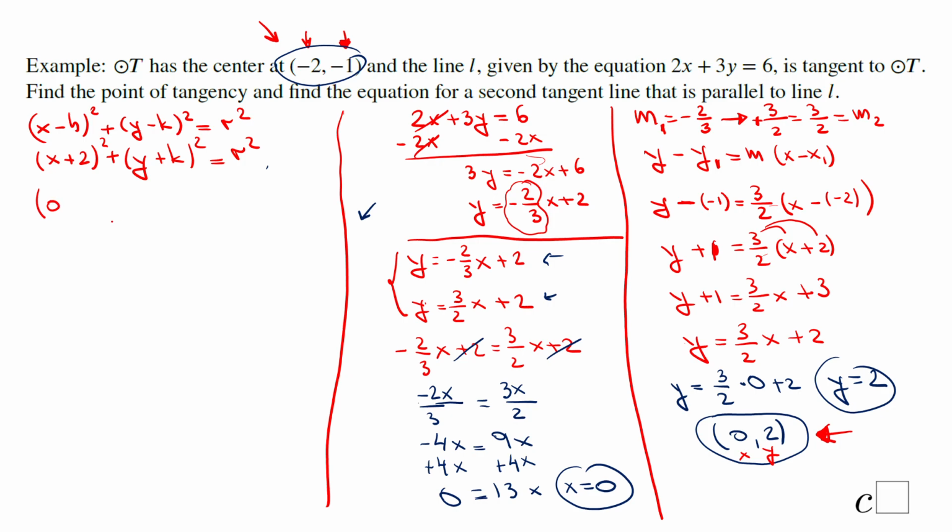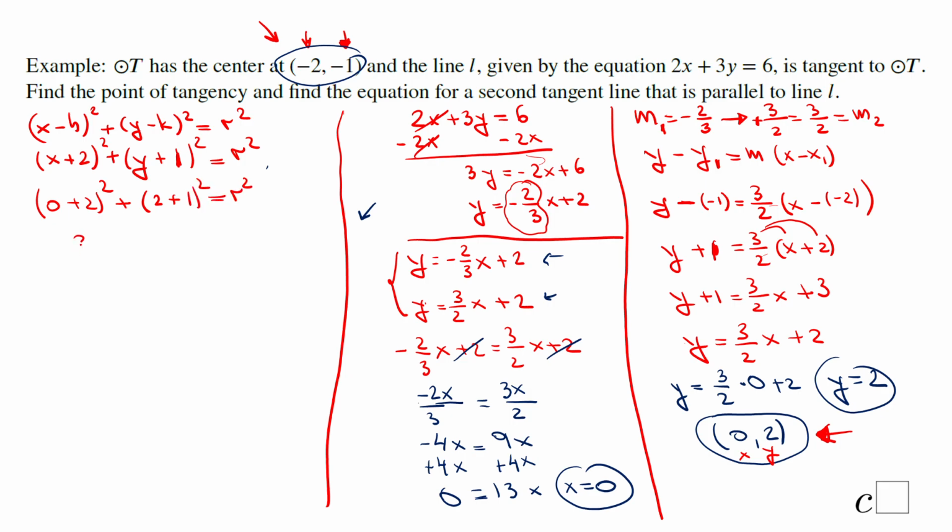0, that is how much x is, plus 2 squared plus, and I'm sorry, here it's supposed to be not plus k, it's supposed to be plus 1, right? Because we replaced k with negative 1. So here we have 2 plus 1, the y coordinate of that point of tangency, equals r squared.